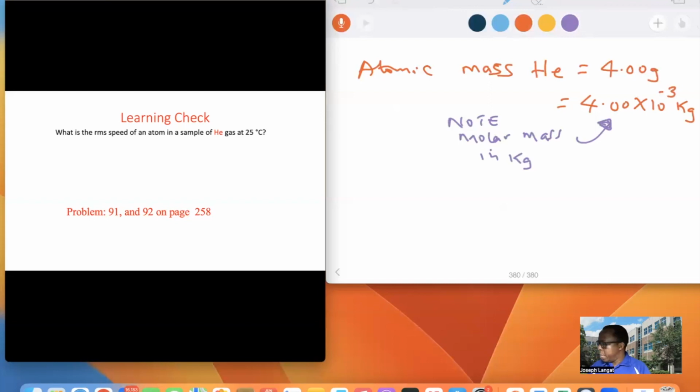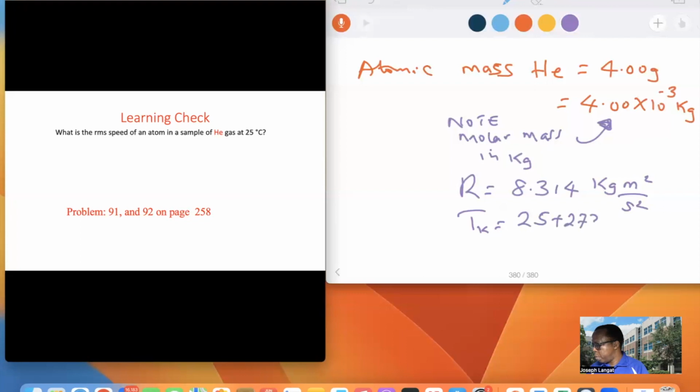So that when we plug into the equation, R, remember, is 8.314 kg meter squared per second squared per mole kelvin. That's what we're going to use. And the temperature in Kelvin is 25 plus 273, which is 298.